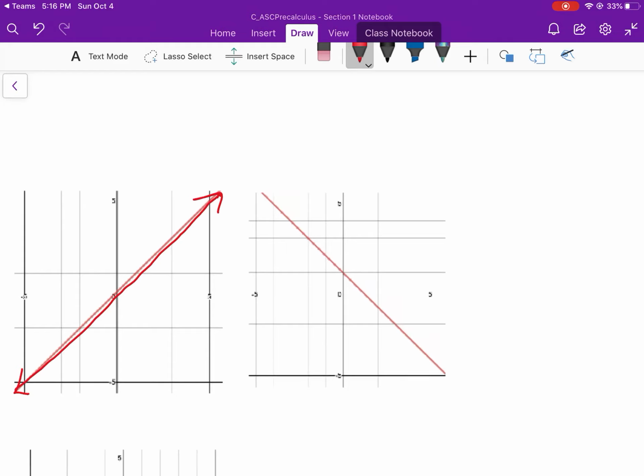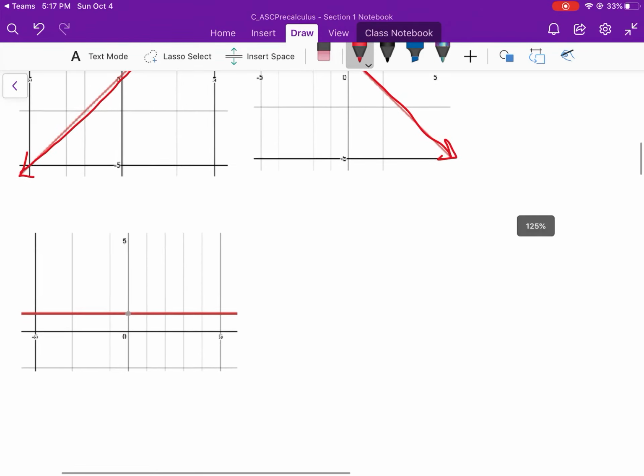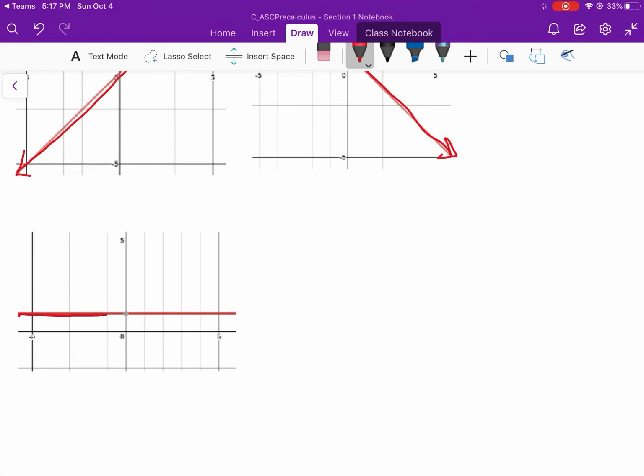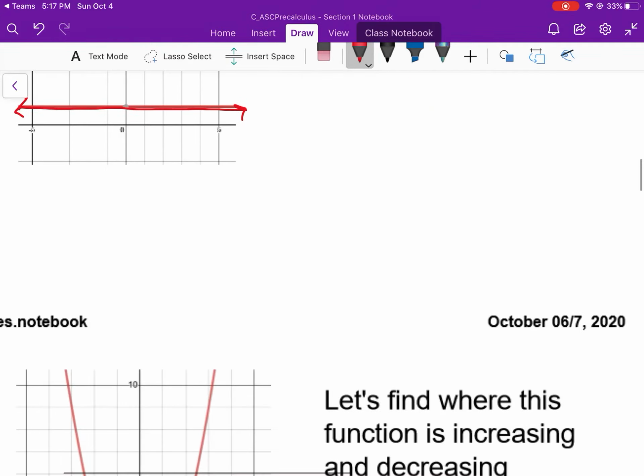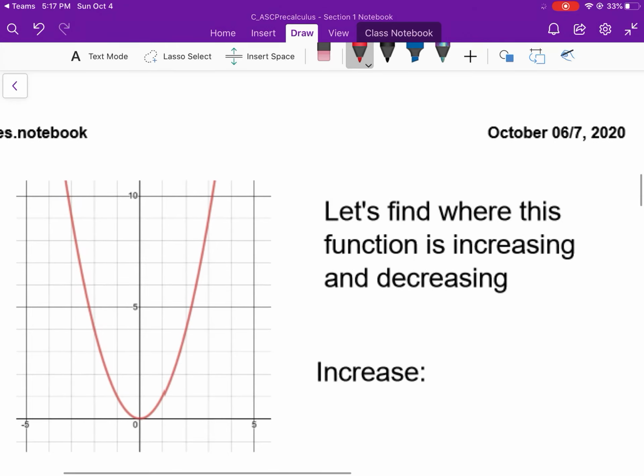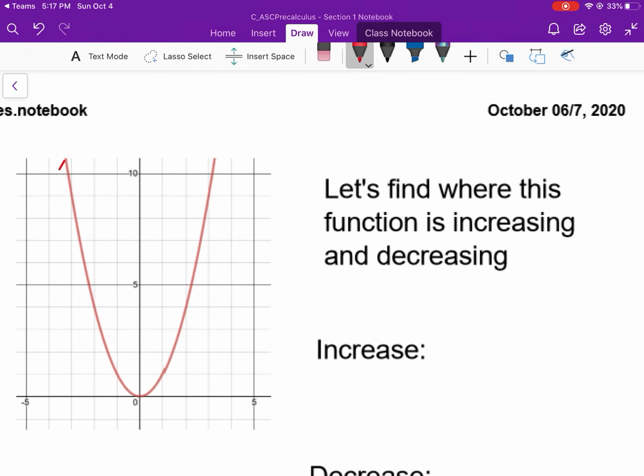When I look at this second graph, this is all decreasing, going downhill. If it's a line, it's decreasing over all the values of x. And this one is what we mean by a function being constant, because the y value never ever changes.